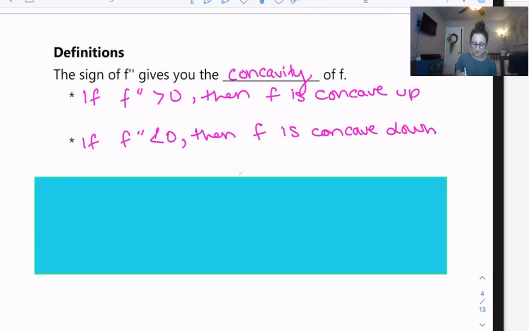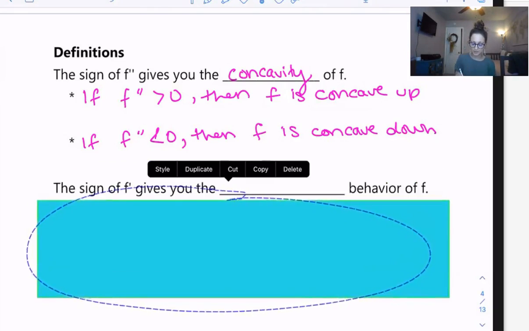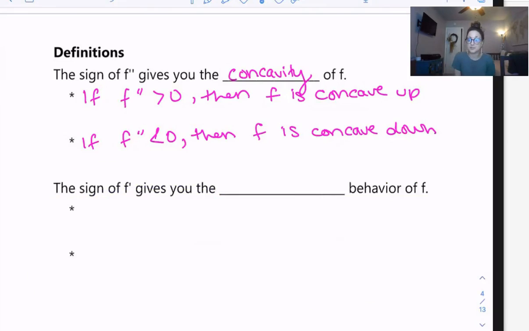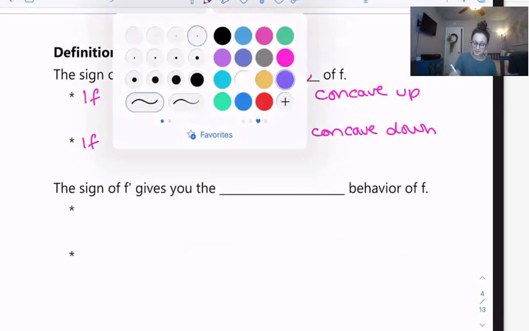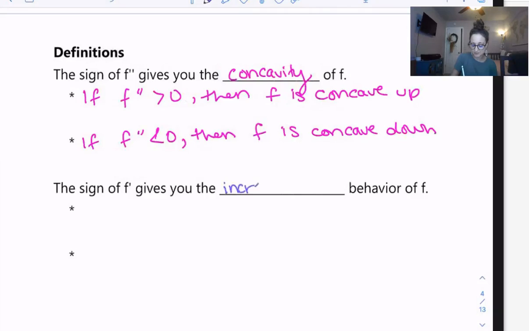Good. Now, I do want to review what we did in the last lesson. So let's also put this in your notes. Go ahead and copy this next sentence, and then we'll fill it in together. The sign of the first derivative gives me what about f? This tells me the increasing, decreasing behavior of f.